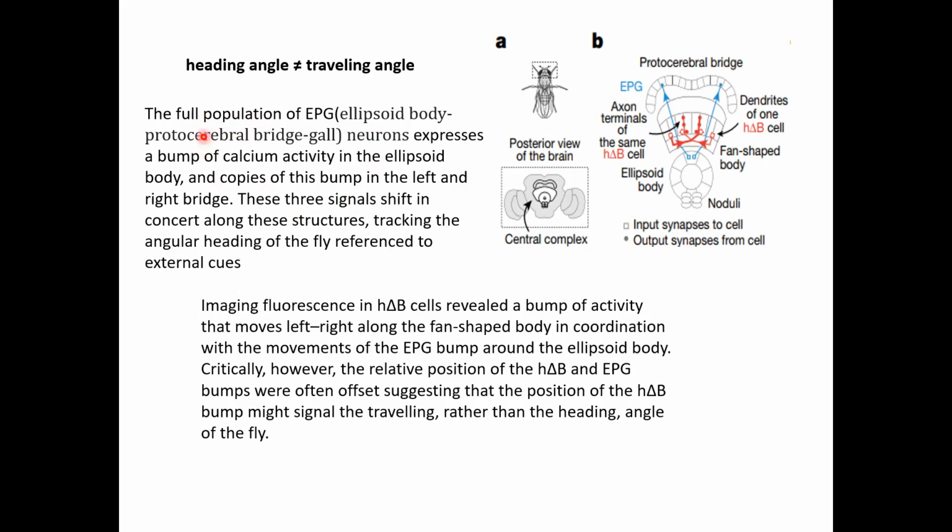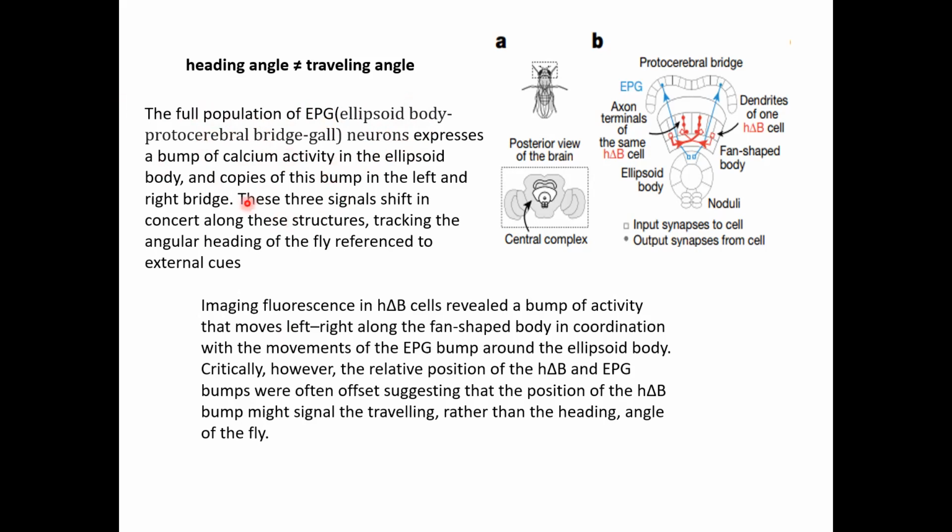So the full population of EPG. What do they do? They measure the calcium activity during flight. They have techniques to simulate the flight of flies, and they measure calcium activity in the brain.